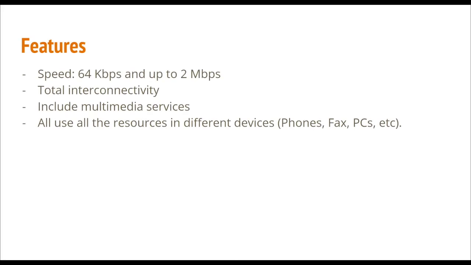Good afternoon. As Julian already said, ISDN has different features against the old technology. So the biggest difference right here is the speed. Actually, we have a speed that goes from 64 kilobits per second up to 2 megabits per second. And this one allows us total interconnectivity between the devices.